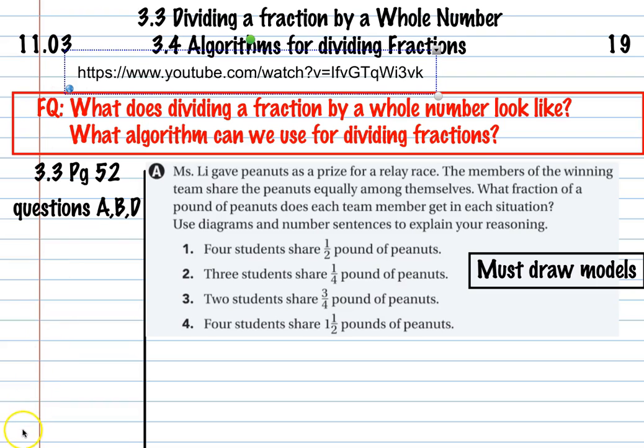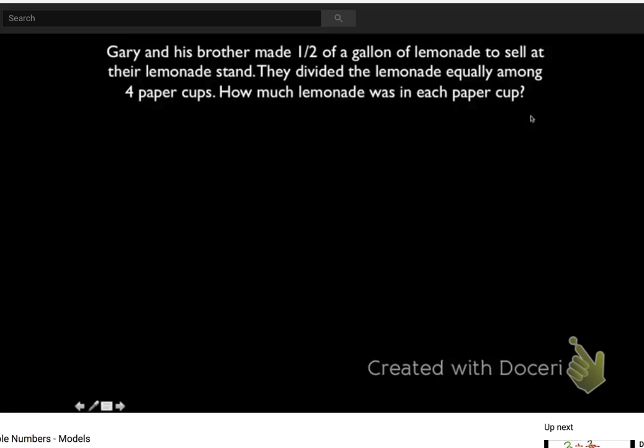Of lemonade to sell at their lemonade stand. They divided the lemonade equally among 4 paper cups. How much lemonade was in each paper cup? First thing we want to do is try to figure out what this problem is asking us. What is our dividend? What is our divisor? Well, if we go through this, we see that he has 1/2 of a gallon of lemonade, and he wants to divide it equally among 4 paper cups.